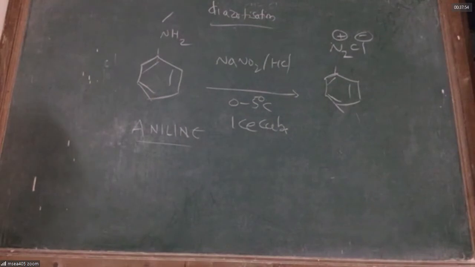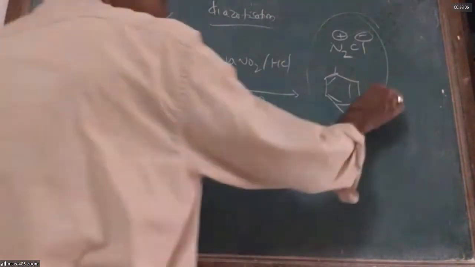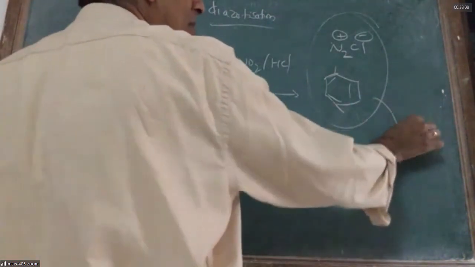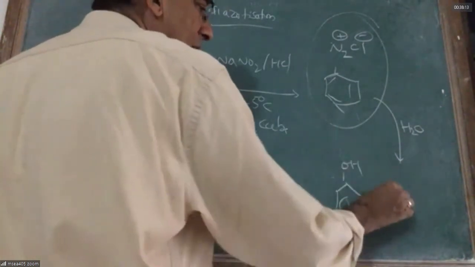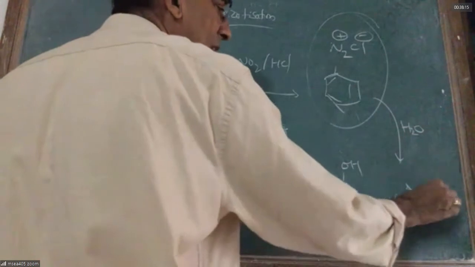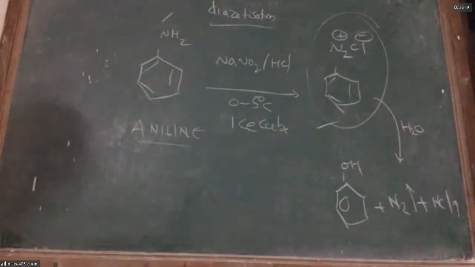In IIT mains and advanced, they always ask one question on diazonium chloride, about which we study in detail later on. I spend 2 hours to talk about this. So benzene diazonium chloride, if you simply put water, becomes phenol, nitrogen gas which goes out, HCl that goes. So this is another easy method to make phenol starting with aniline.